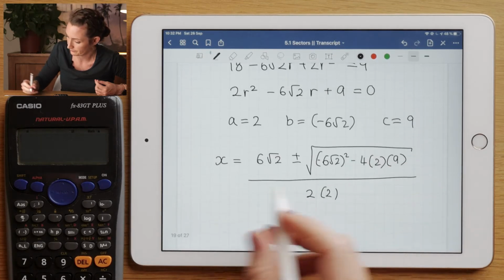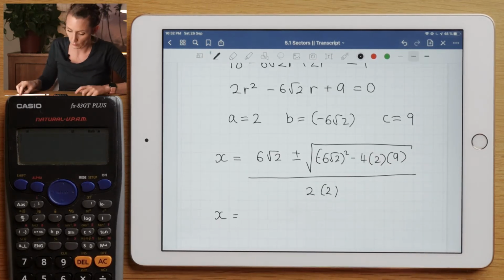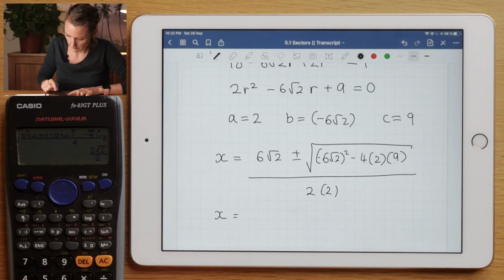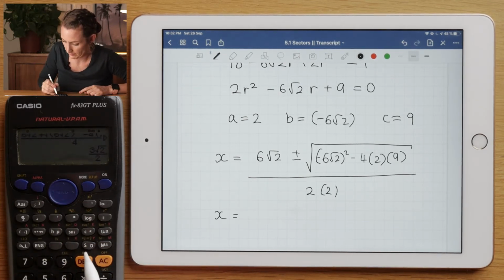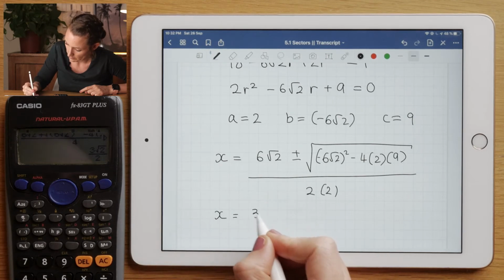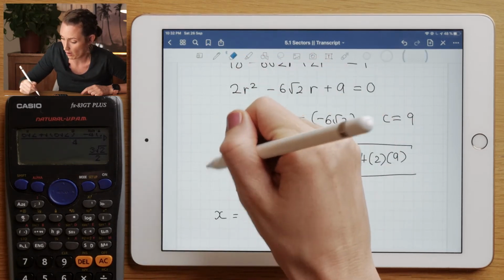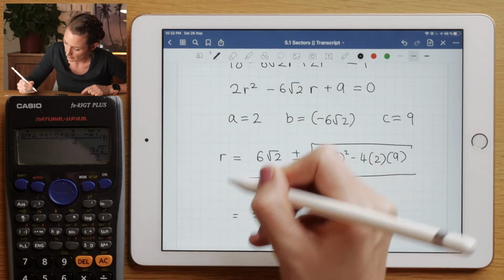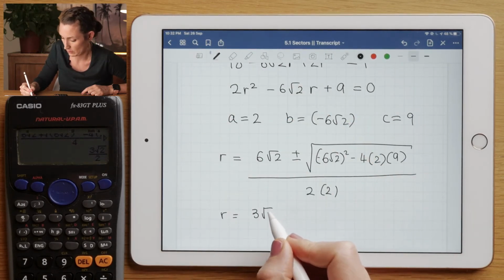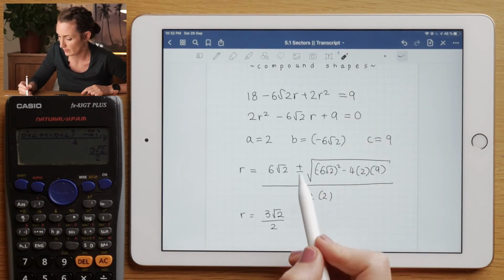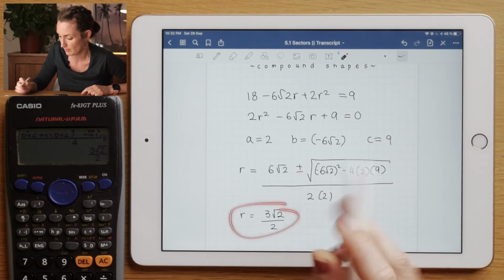I'm going to type that all in, guys. And that gives an answer for, I should say, r equals 3 root 2 divided by 2. I'm not going to bother to take the negative solution because I only want to keep it positive.